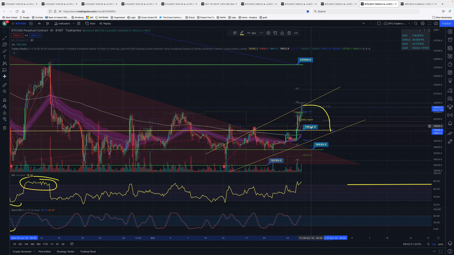Personally, I would close the trade, the short, at 19,600 and wait to see what it does there, because that is a big level. If we close below the 55, if we close below the 20.6, today we're looking at more movement downwards. So again, I wouldn't want to be caught in that. I would either de-risk or close and see what it does, because of where it is right now.